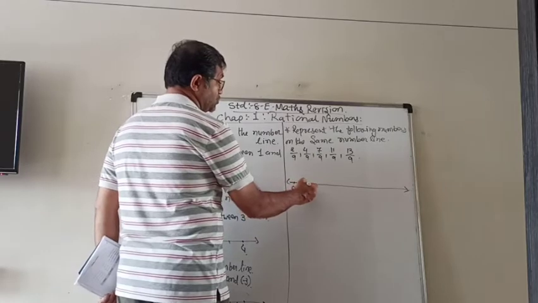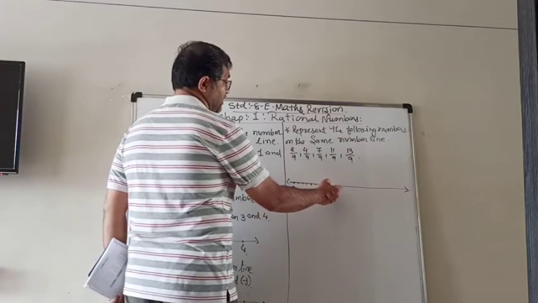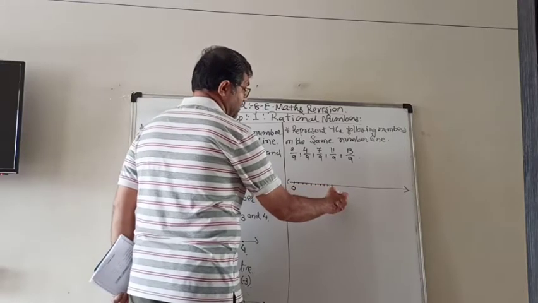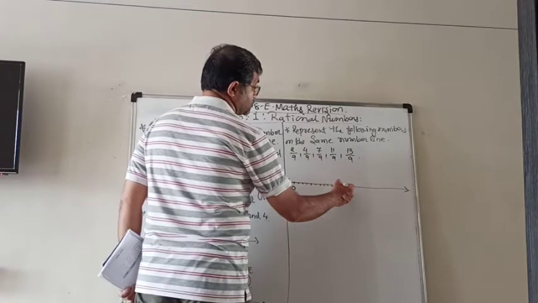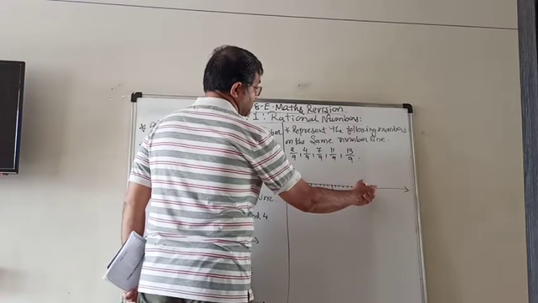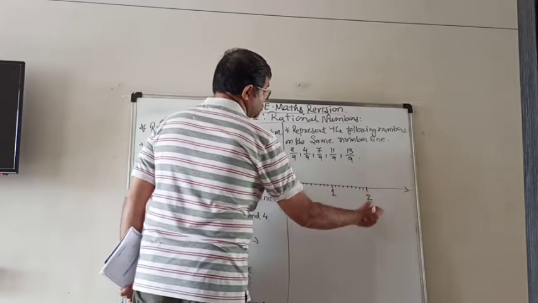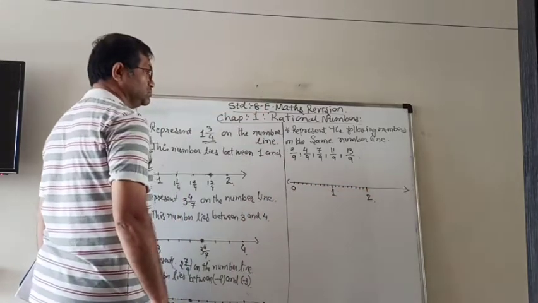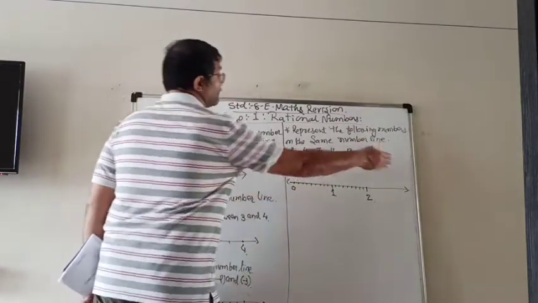So 1, 2, 3, 4, 5, 6, 7, 8, 9. At 9, give number 1. Again, 1, 2, 3, 4, 5, 6, 7, 8, and at 9, put 2. Check the last number. If it is more than 2, then you can go further also.